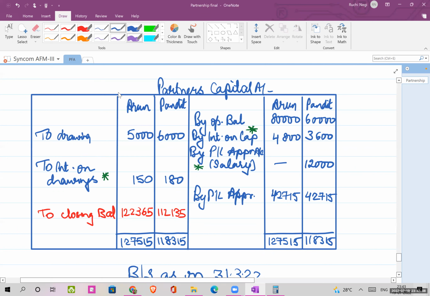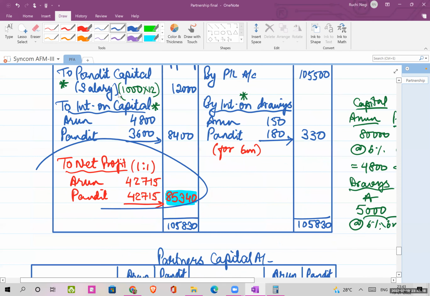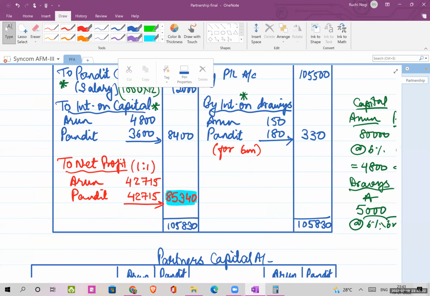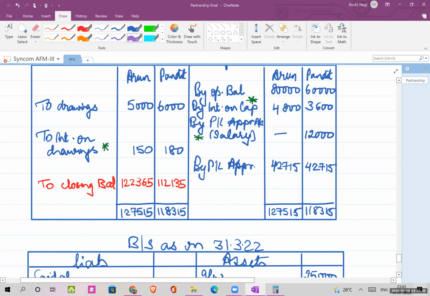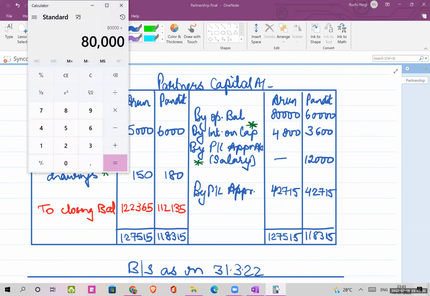One effect 5,000 और 6,000. ओके, एंड देन ये जो नेट प्रॉफिट आया आपका, इसका सेकेंड इफेक्ट P&L अप्रोप्रिएशंस का आएगा कैपिटल में. ओके, then close 80 plus 4,800 plus 42,715 minus 5,000 minus 150. My balance is 1,22,365.